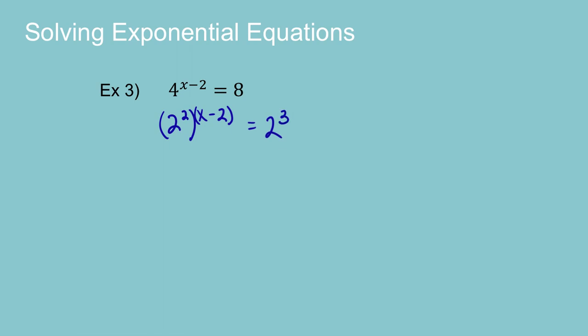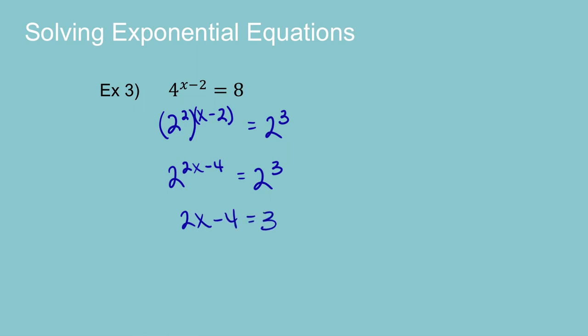So now if I do what I said and distribute this exponent here, 2 is really being raised to the 2x minus 4. And on the right-hand side, we still have 2 to the 3rd. And now that I have the bases equal, I can set the exponents equal because this must equal 2 to the 3rd. And since they're both base 2, this must be 3. So we rewrite it as 2x minus 4 equals 3.